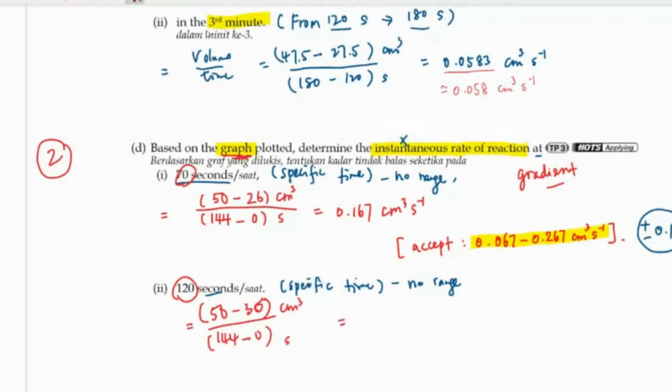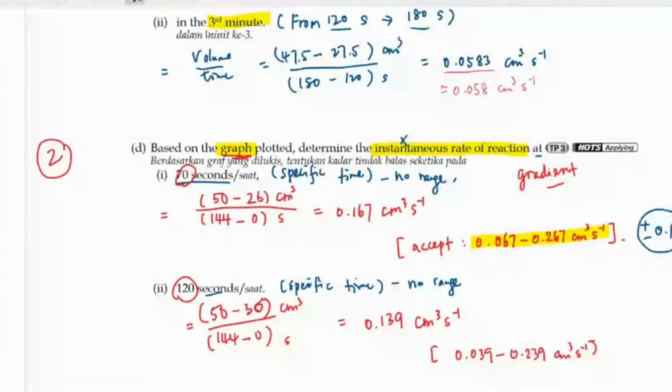So use your calculator: 50 over 144, that is 0.139. So your answer should be within 0.039 to 0.239.